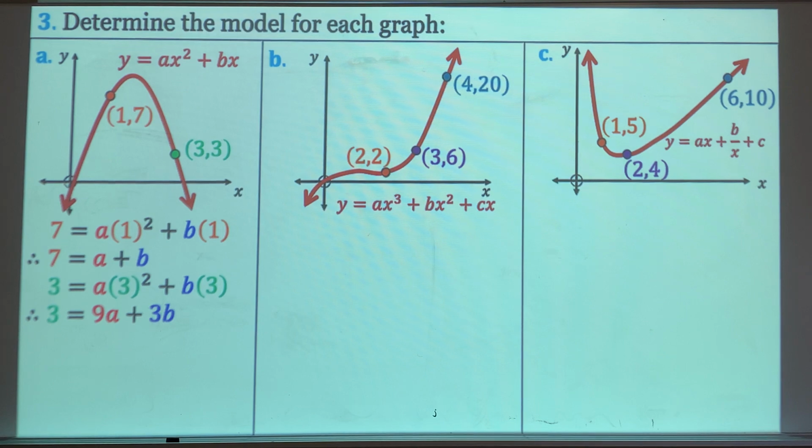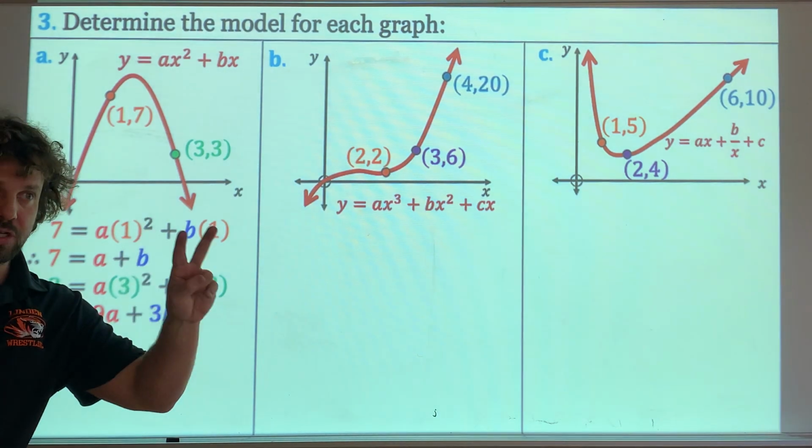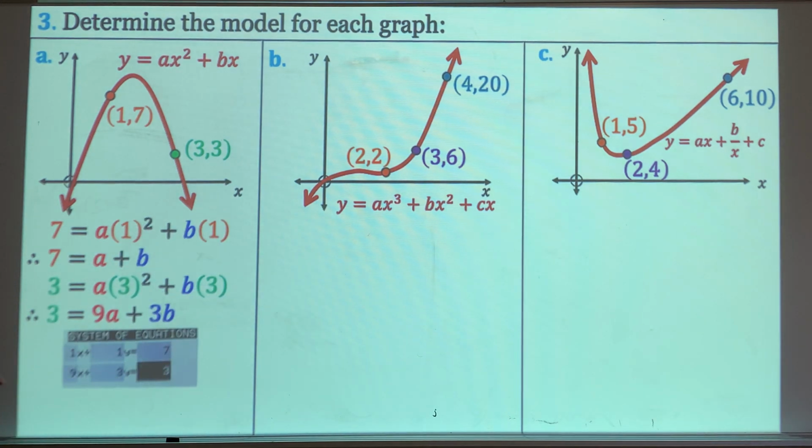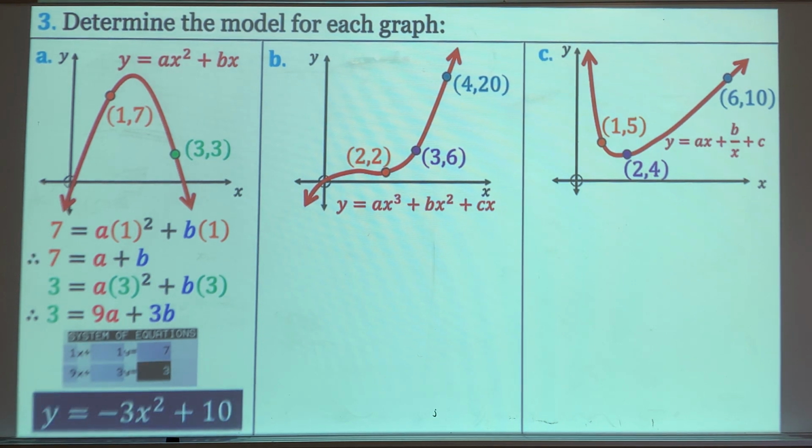When you type them in your calculator, make sure you make the equations 2 and you make the variables 2. Your system of equations looks like this. 1 1 7, and then 9 3 3. You get A is negative 3, B is 10, so Y equals negative 3x plus 10.